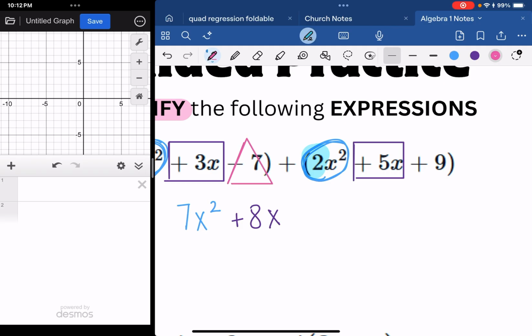Remember, a constant is just a number without a letter. Okay, so again, I'm going to make sure I realize that this is a negative 7. So when I combine them with the other constants, I need to make sure I understand that that is a negative 7. So then I come over here. Whoops, we're going to use triangles.